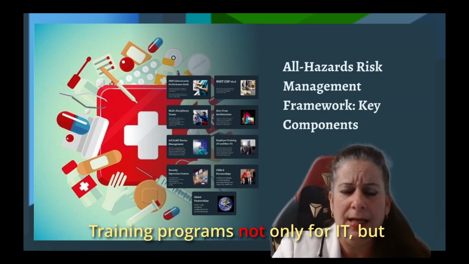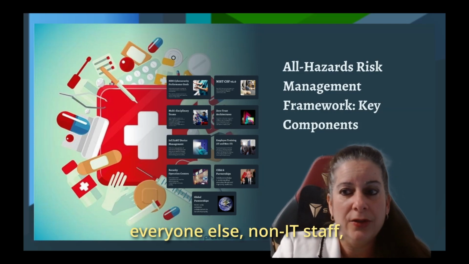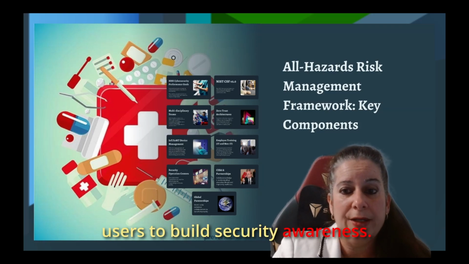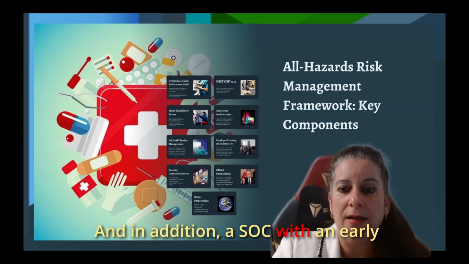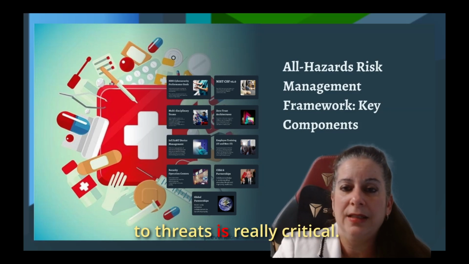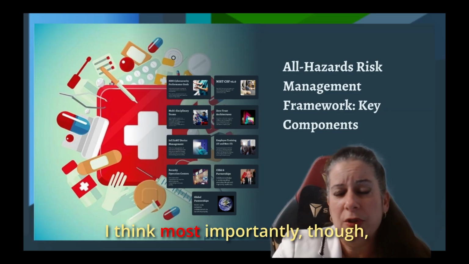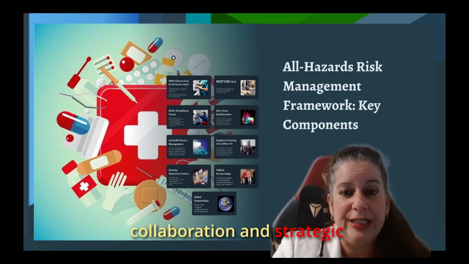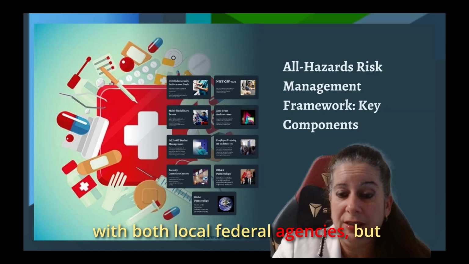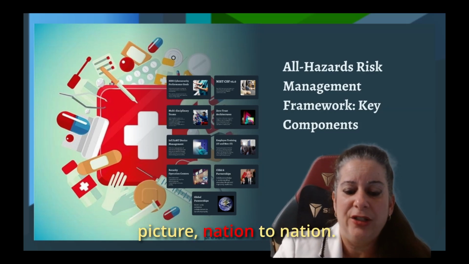Training programs, not only for IT, but for everyone else, non-IT staff, are essential for empowering users to build security awareness. In addition, a SOC with early detection capabilities for identifying and responding to threats is really critical. I think most importantly, though, collaboration and strategic partnerships are paramount with both local and federal agencies, but also the bigger picture, nation to nation.